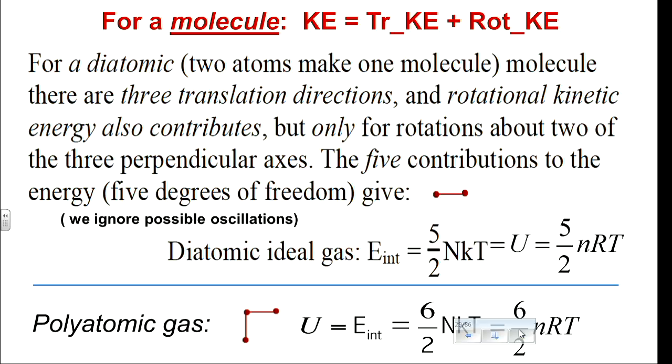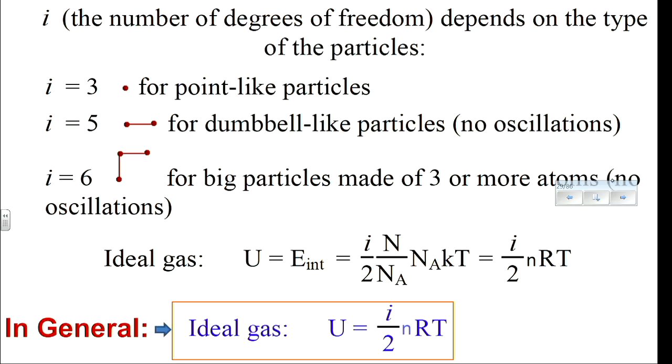So the total internal energy of what we call a polyatomic gas is equal to this. And of course, we just write one equation for all situations. This variable i has a name, the number of degrees of freedom, and it is equal to 3 for a single atomic, monatomic gas. It equals 5 for a diatomic gas, and 6 for all other gases.